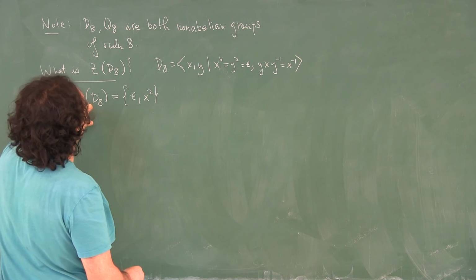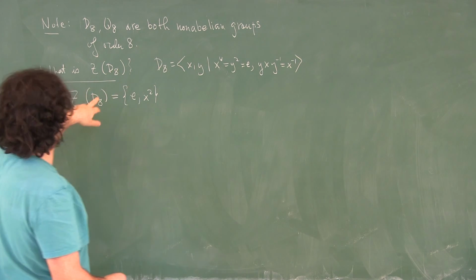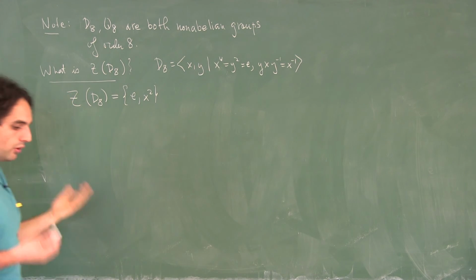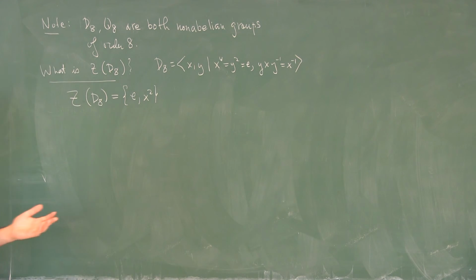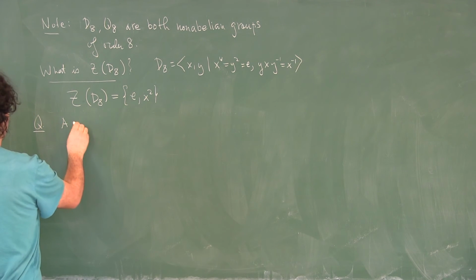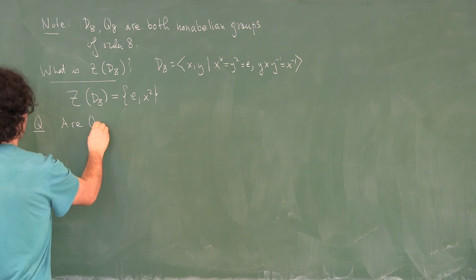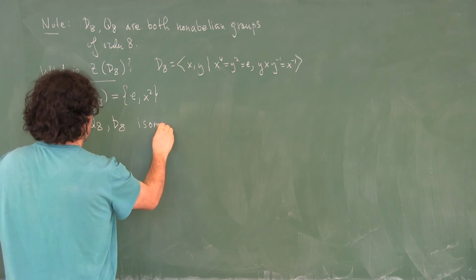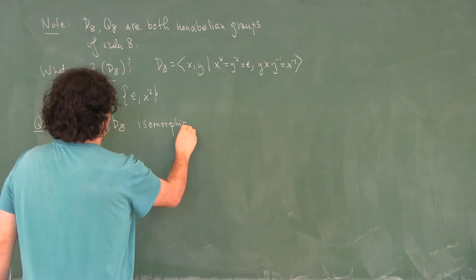So the center of Q8 and the center of the dihedral group of order 8 are both of order 2. So we see more and more properties that they share in common. We can ask now, are Q8 and D8 isomorphic?